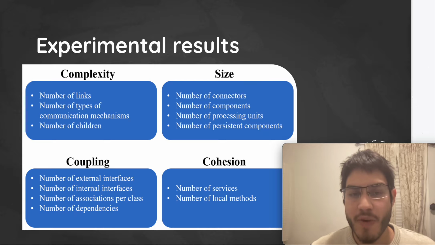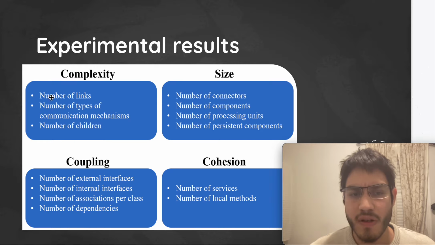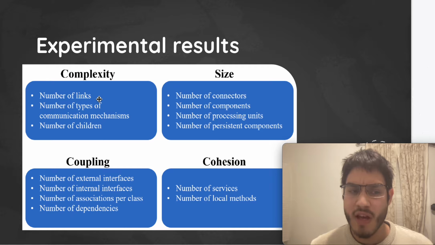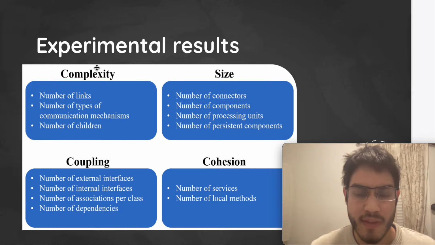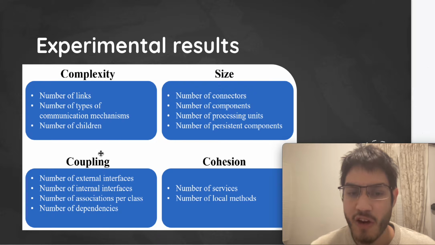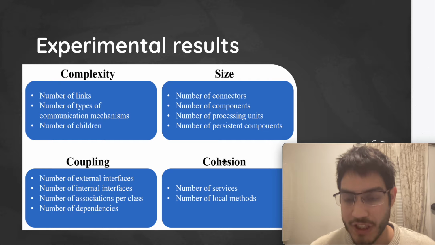The experimental results. As I already mentioned, the goal is to understand and study the architecture of machine learning frameworks, and in order to study them, the authors propose 4 different metrics, and these are complexity, size, coupling, and cohesion.